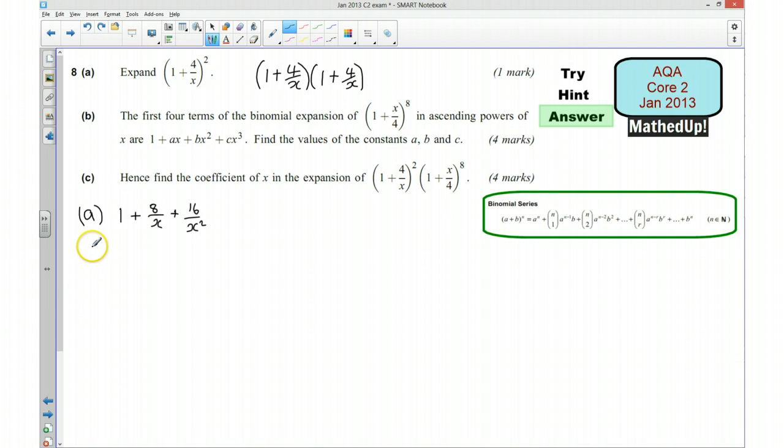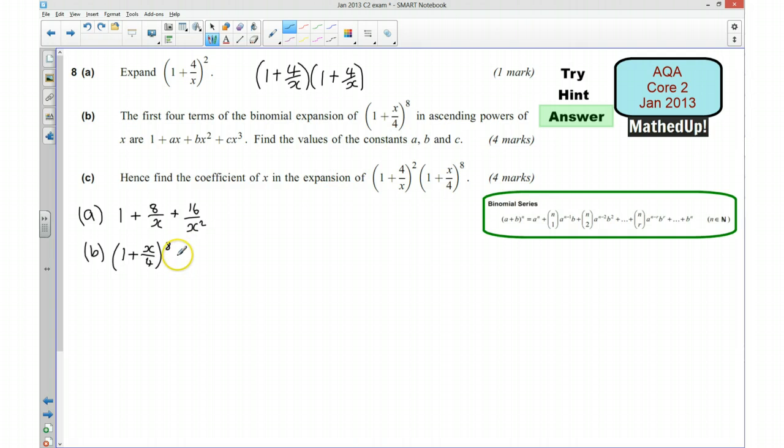Okay, part B, the first 4 terms of this expansion we want to write in this form here. We're expanding 1 plus, and be careful this time because it's x over 4, to the power of 8, so we see that these two are different to each other.